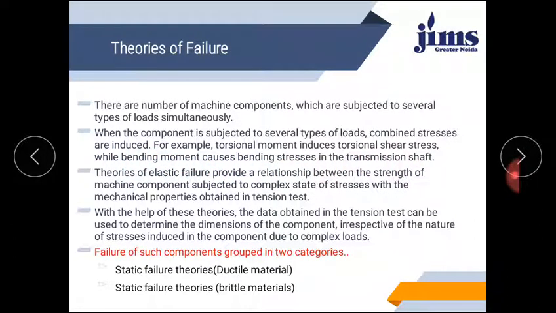So at the same time, two types of stresses are generated in the shaft, which combinedly make a complex system of stresses.